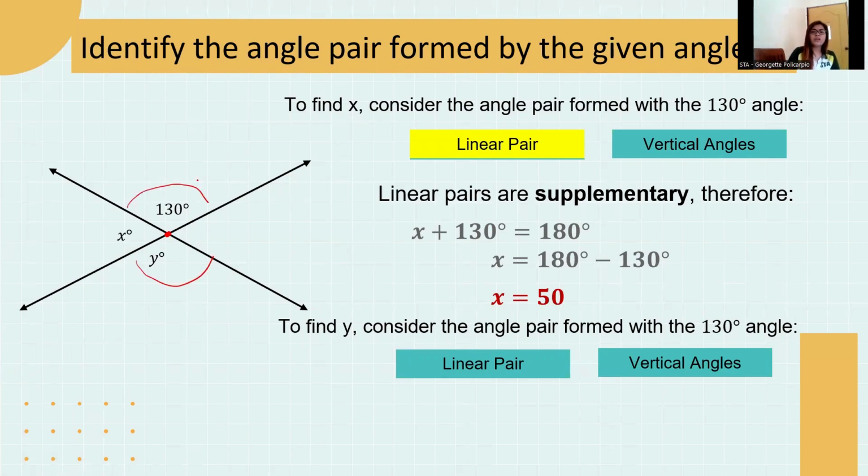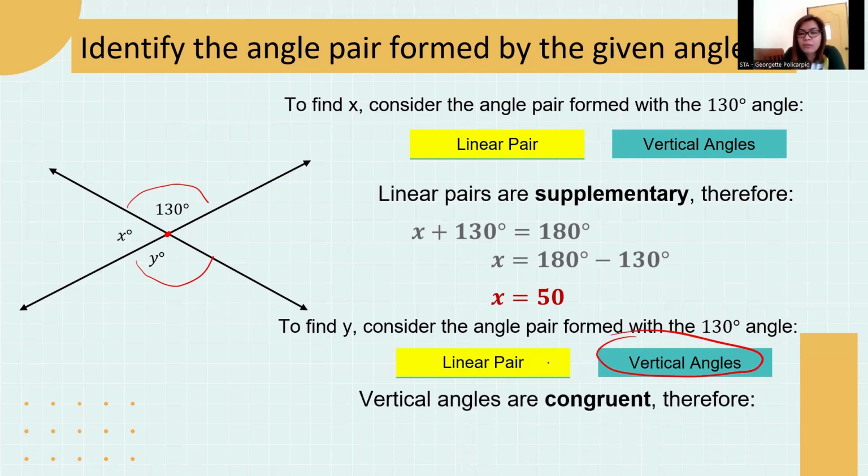Are they linear or are they vertical? Mali ito ha. Vertical angle po dapat to. So if they are vertical angles, always remember that vertical angles are congruent. So therefore, y equals 130.